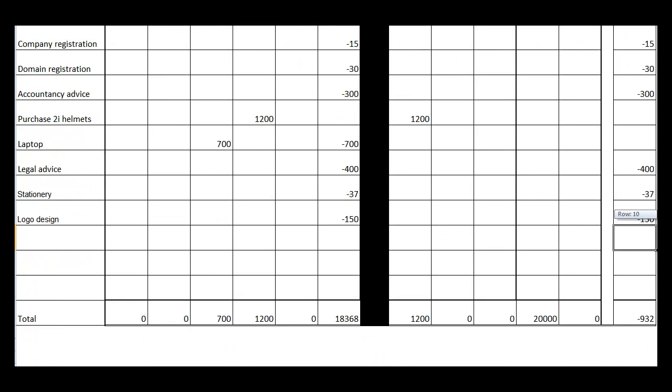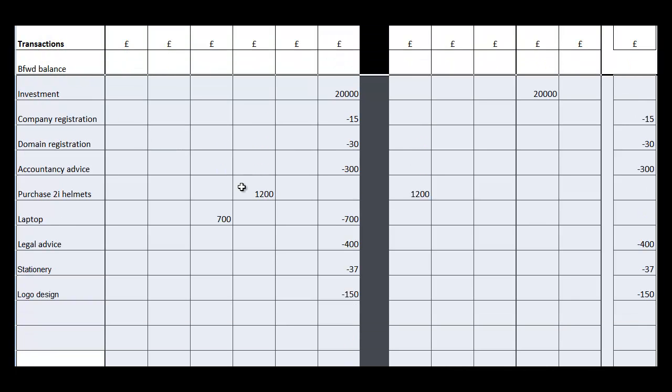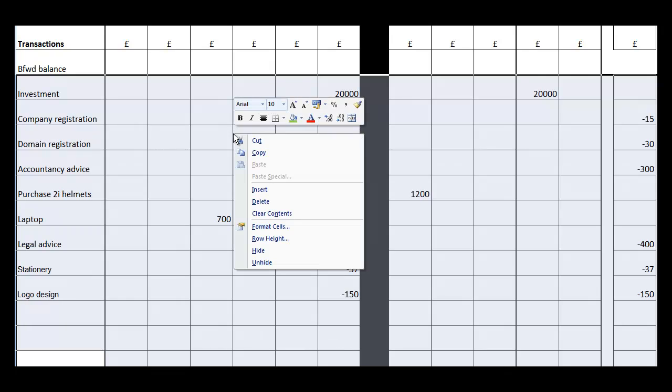The cumulative balances are what we use in our statement of financial position. So we're just going to highlight that area now in order to transfer the balances across to our statement of financial position.